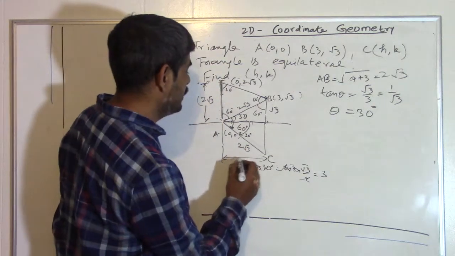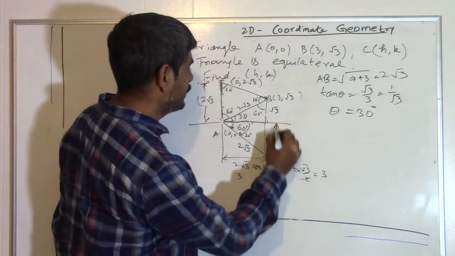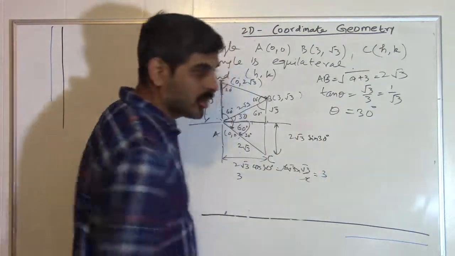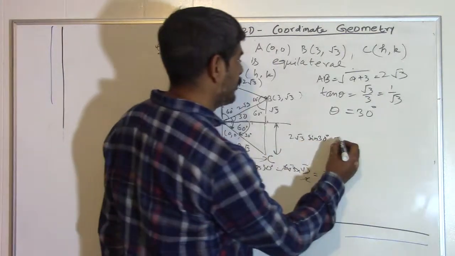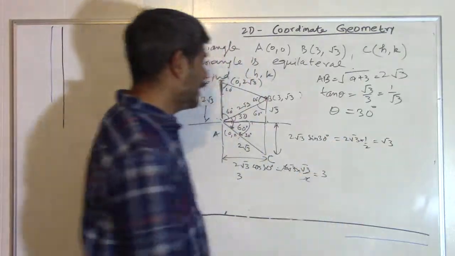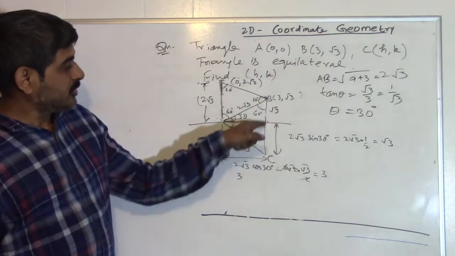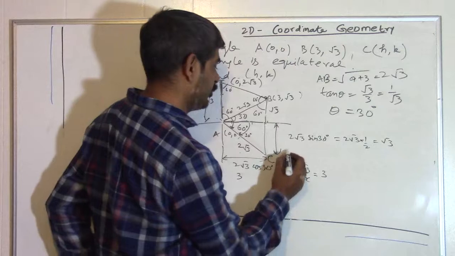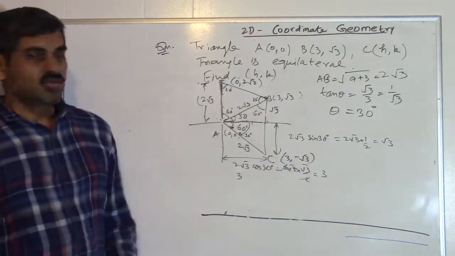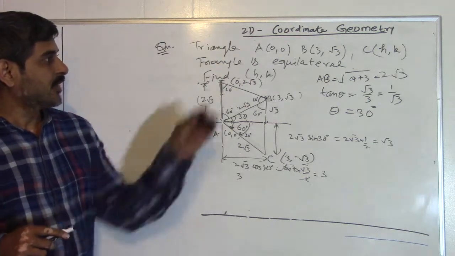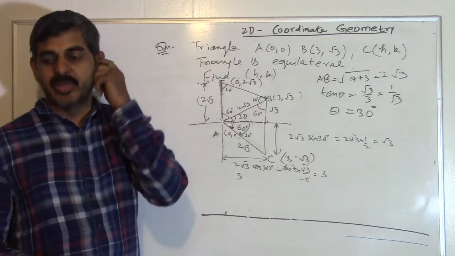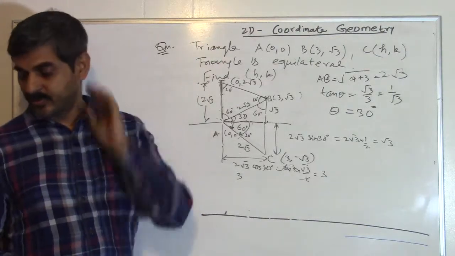So this length is 3 and this length is 2 root 3 sin 30 degree, from polar to rectangular coordinates. So this will become 2 root 3 times 1 by 2. This will be root 3. But the coordinate of this point, because it's in the negative y direction, will be minus root 3. So its coordinate will be 3 and minus square root of 3. Check if I made any calculation error. But in some cases, polar coordinates will make the solution of a problem easier.